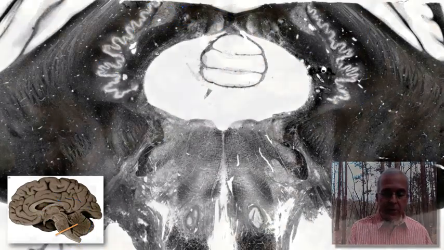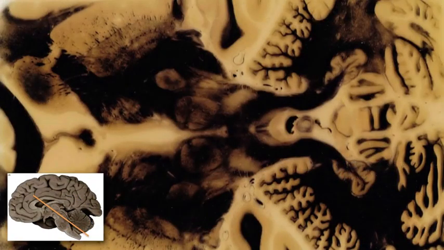Well, let me show you one other view of this system. This is from a rather unique section prepared by one of our histologists from a generation ago here at Duke. This is a section taken parallel to the long axis of the brainstem, and it happens to catch the base of the cerebellum as it's connecting to the brainstem. So this is a myelin stain, as was the previous image.